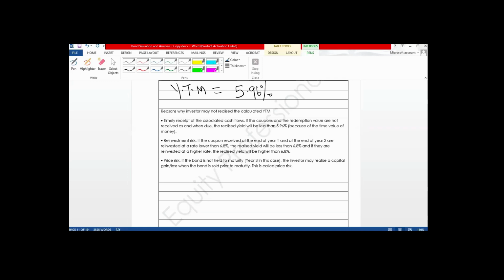That is reason number 1. The timely receipt of your associated cash flow. Failure to receive your coupon interest and the redemption value as at when due, then the realized yield will be less than the calculated YTM because of the time value of money.